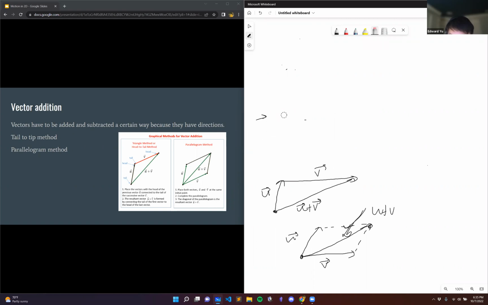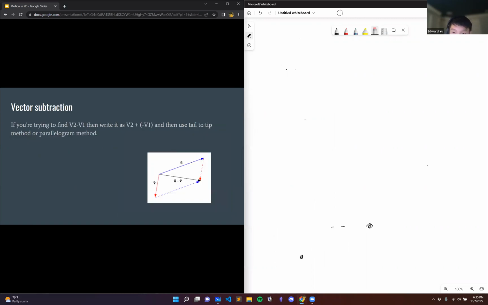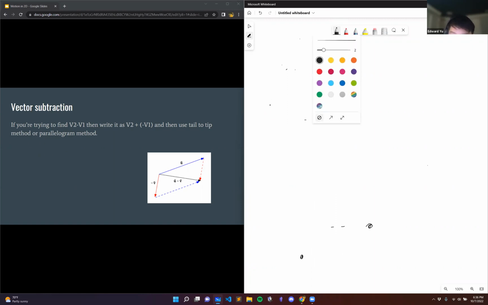So now I'll be talking about subtraction of vectors. Vector subtraction is basically the same thing as vector addition. If you have v minus u, then you wouldn't want to write it like this at first.